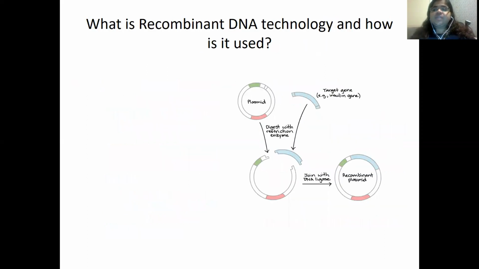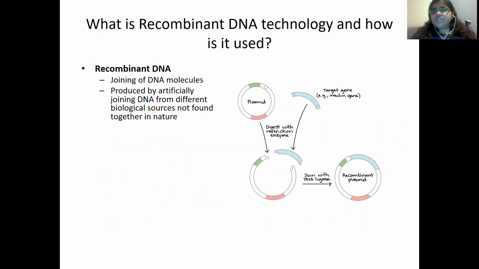So what is recombinant DNA technology and how is it used? So essentially recombinant DNA, as we said, is joining a variety of DNA molecules, and it is produced by artificially joining DNA, and these are always from different sources and typically not found together in nature. So this is just an example.